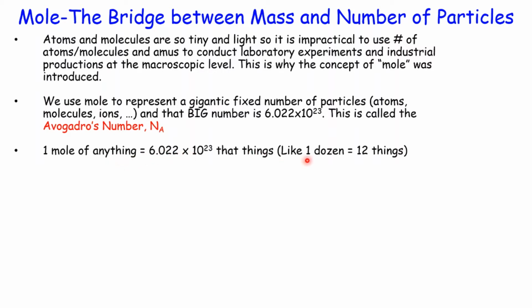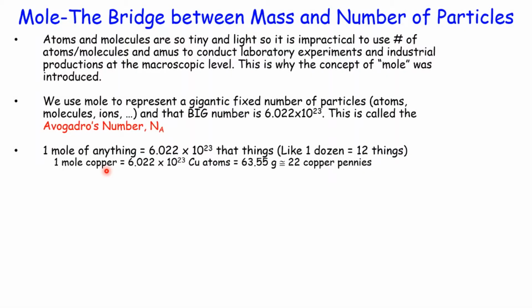So this is much more like the unit dozen, which we use here in the United States. If we say 1 dozen, we mean 12 of those individual things. So 1 dozen eggs means 12 eggs. So 1 mole of eggs means we have this huge number of eggs, okay? We'll talk about that very soon.